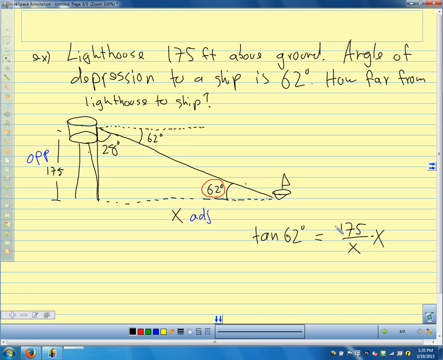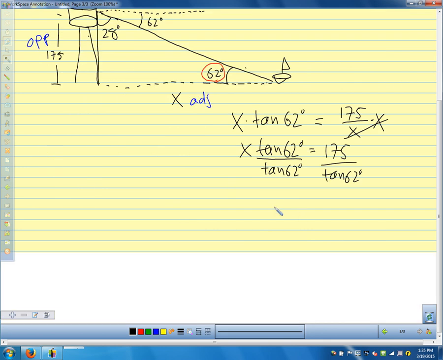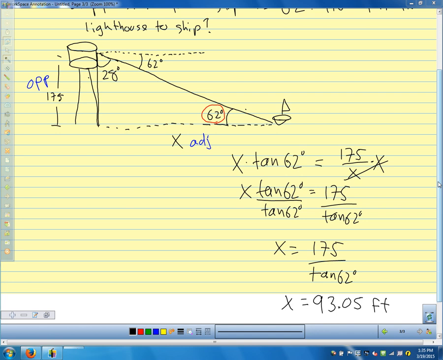All right, so we multiply both sides by x. Those cancel. I get x tangent 62 degrees equals 175, and divide by tangent 62 degrees. And we get x equals 175 divided by tangent 62. So x equals, when we divide that out, 93.05 feet. So the lighthouse is about 93 feet from the ship, from the boat.